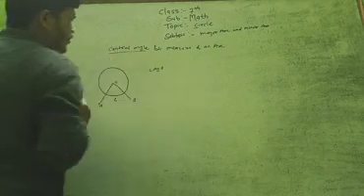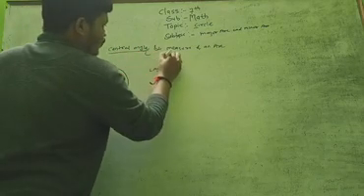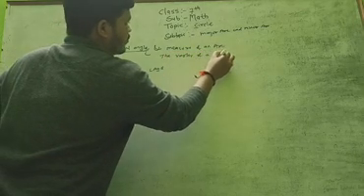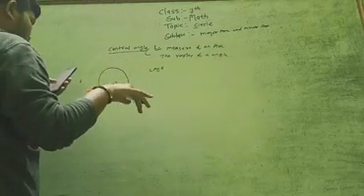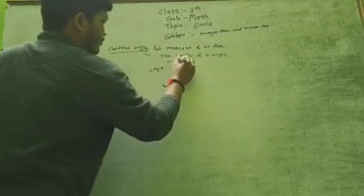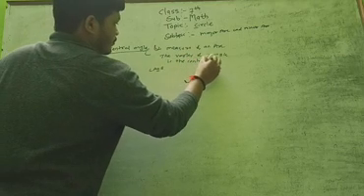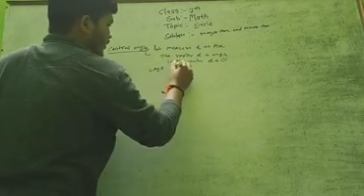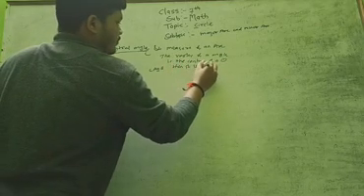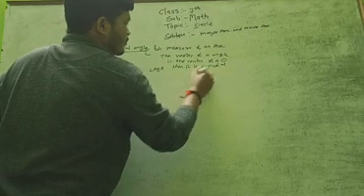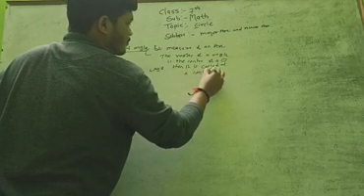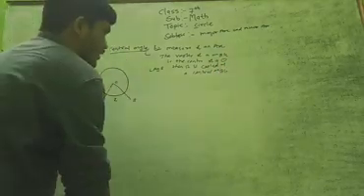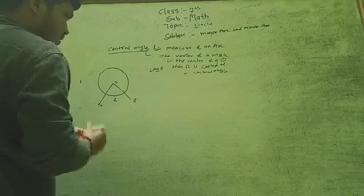Now what is the definition of the central angle? If the vertex of an angle is the center of the circle, then it is called a central angle.